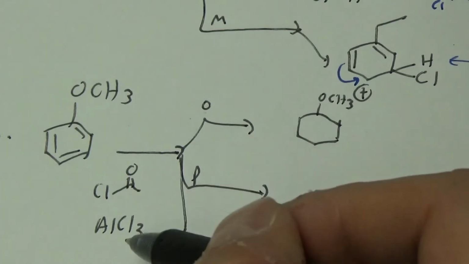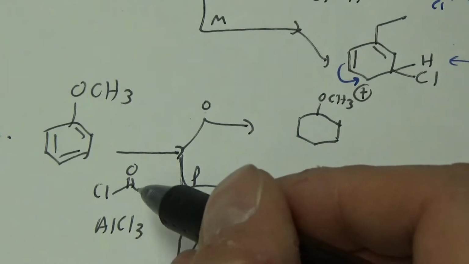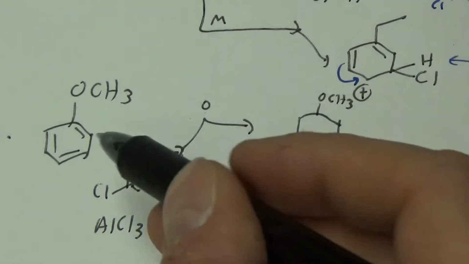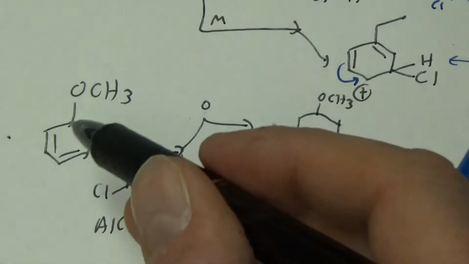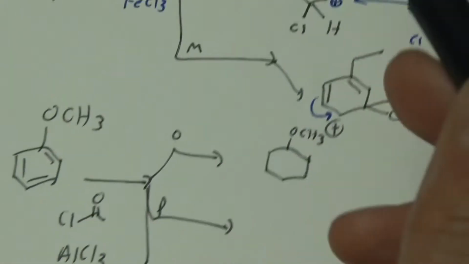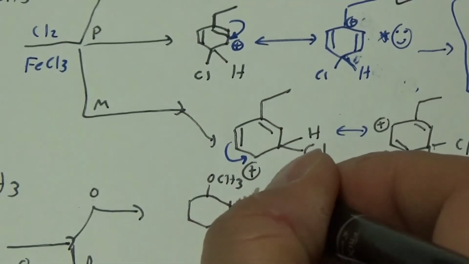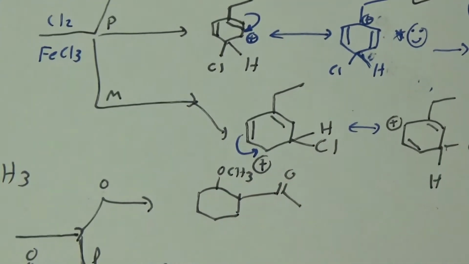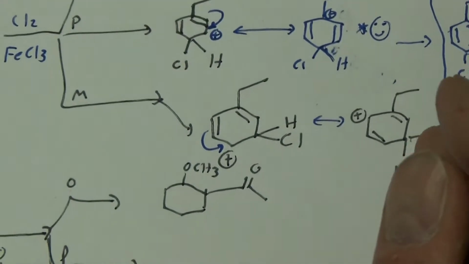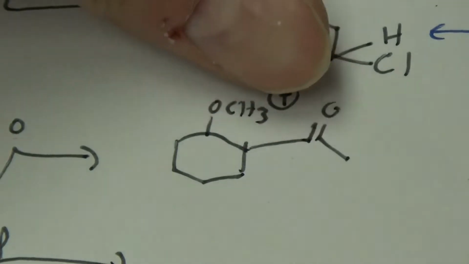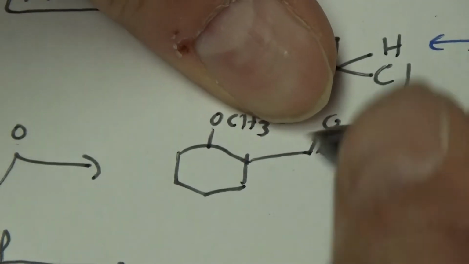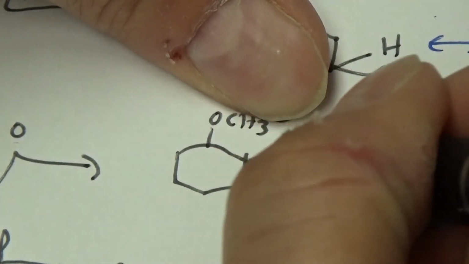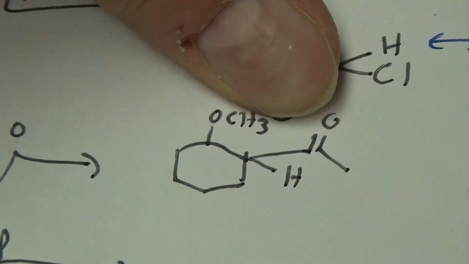We're not doing the mechanism though, we're just drawing the intermediate. So after that all happens and the benzene attacks, you get a ketone here. Ortho ketone. We just ignore that top stuff for now. And where's the H? The H is here.